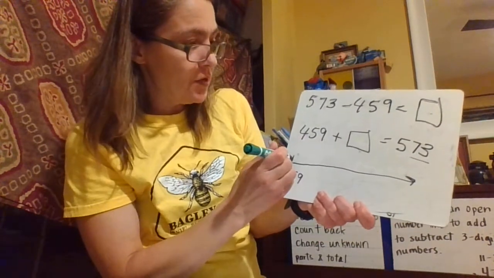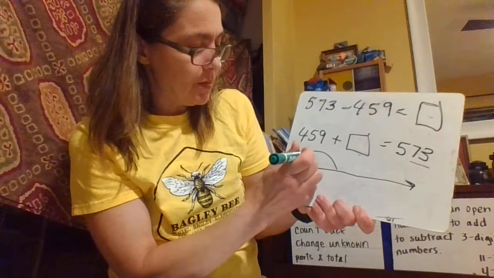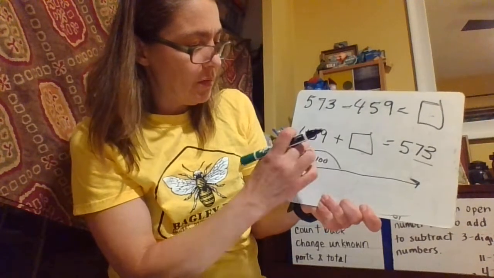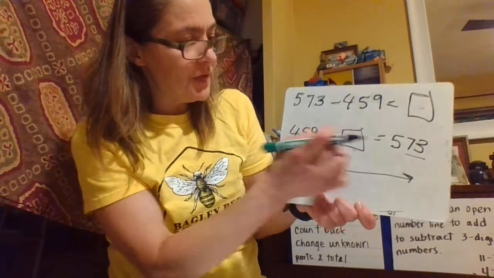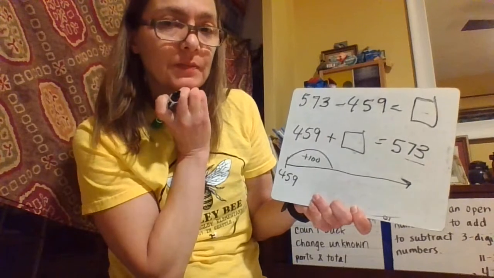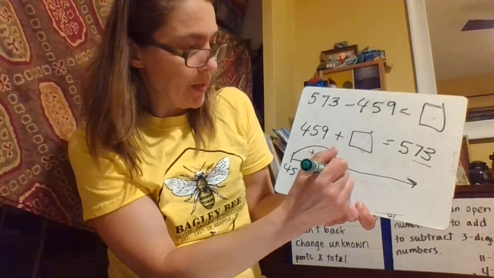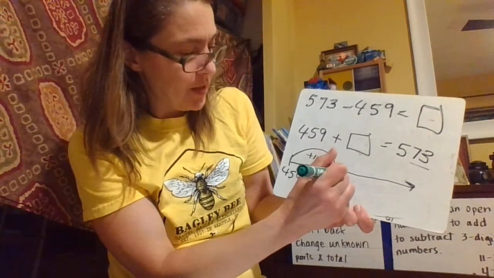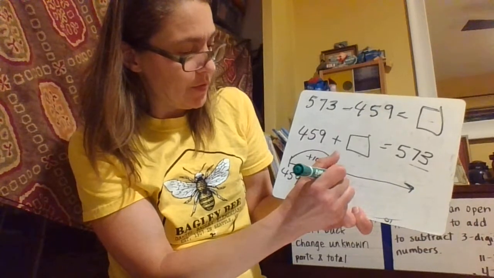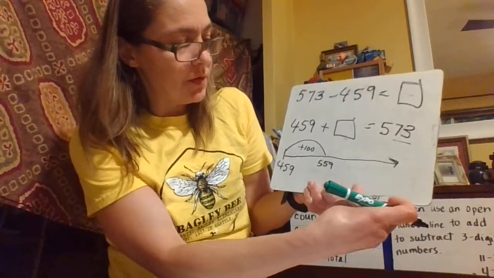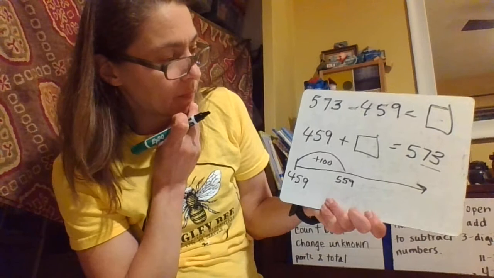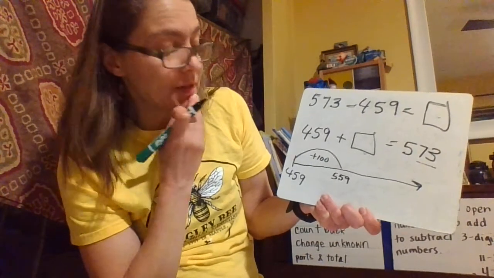So we're going to go ahead and do a 100 jump. And we can do that because we know that 59 is less than 73. So we're going to label it right here. We're at 559 because we just added 100.